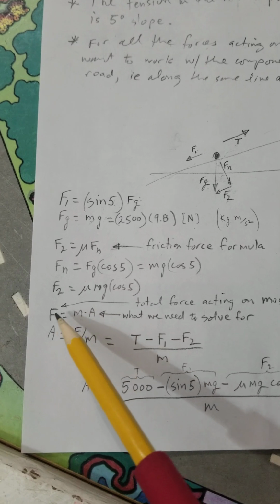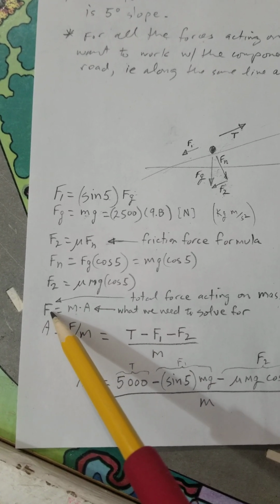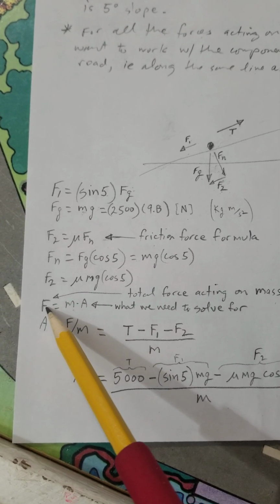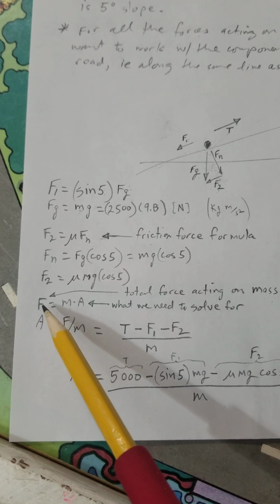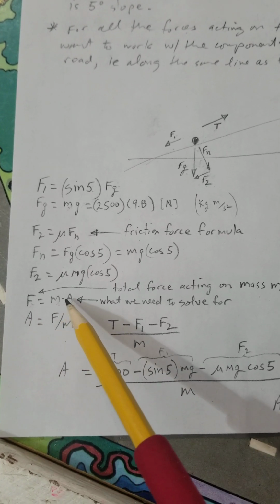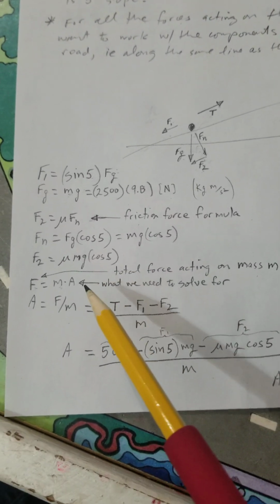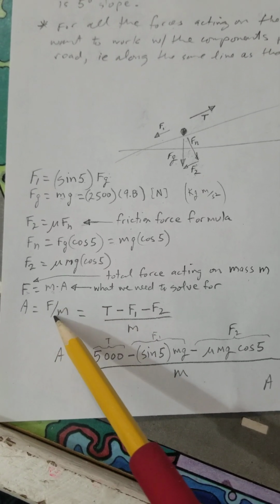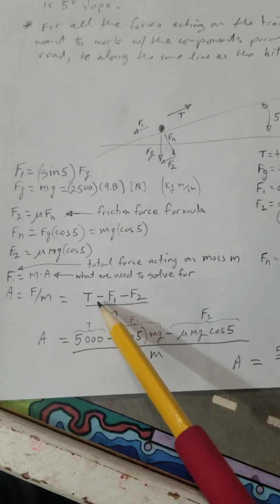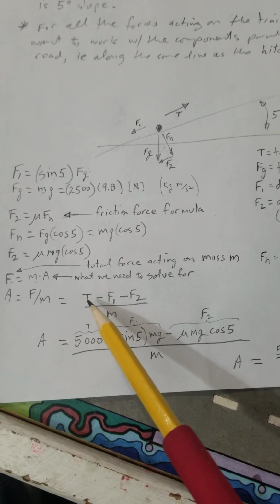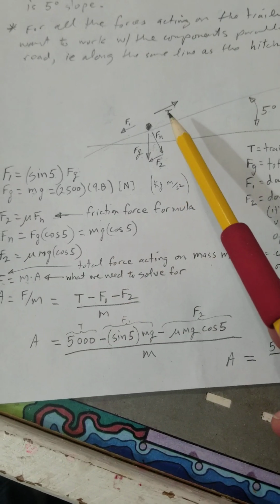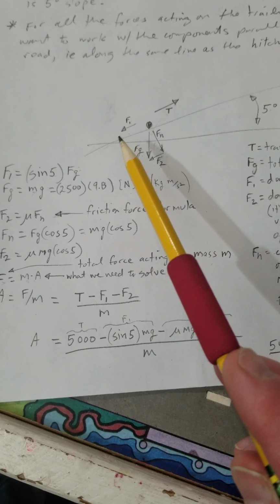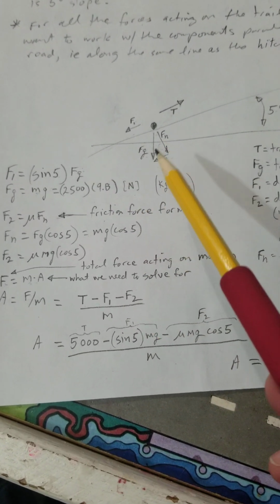In this formula, F is the total force acting on the mass along the axis of acceleration that I'm interested in. So total force F equals mass times acceleration along the axis. I just rearranged this: acceleration is equal to the force over the mass. So the total force is the tension provided by that hitch, minus F1, minus F2.